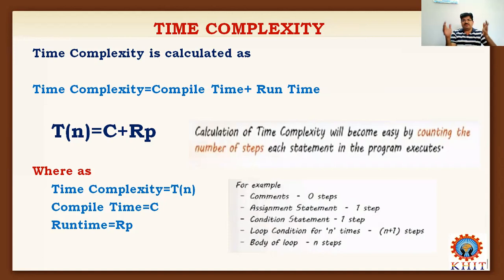There is a formula for calculating it: T of n, which stands for time complexity, equals C plus RP. C is the compile time and R suffix P is the run time. So in this way we can calculate the time complexity of an algorithm.